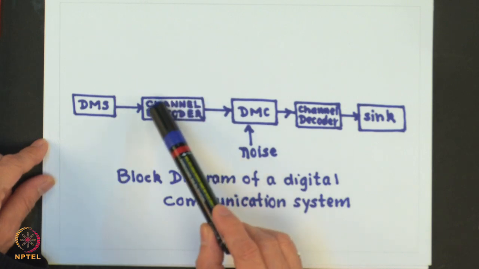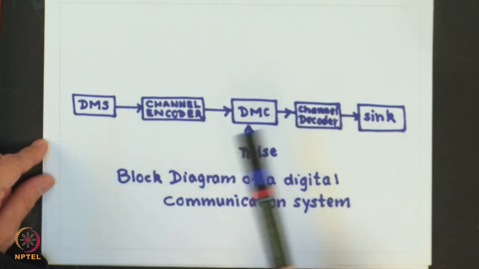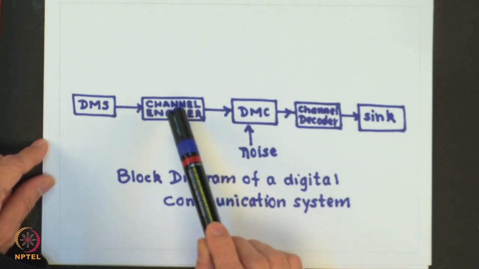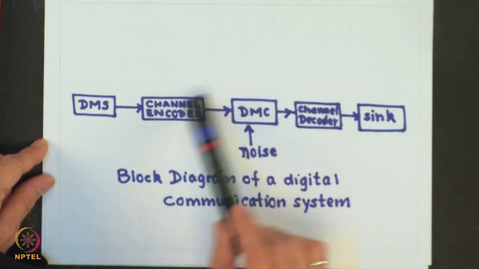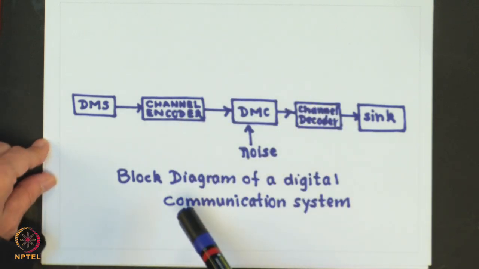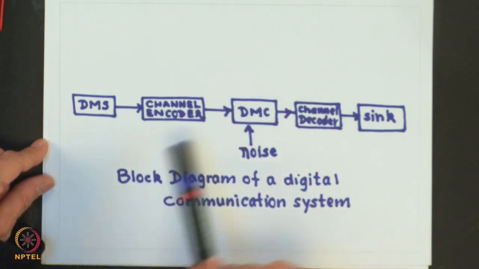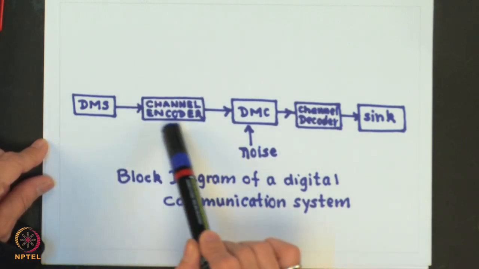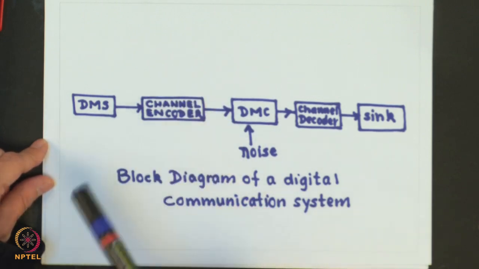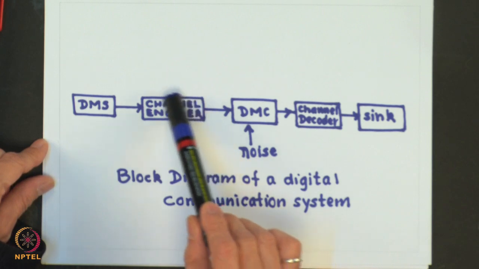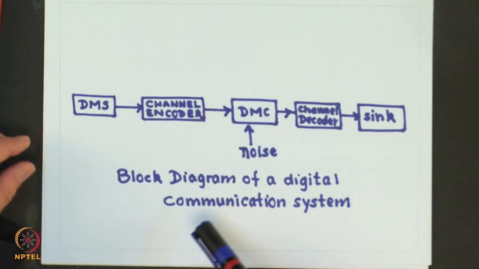Now, the channel encoder and the channel decoder are both under the designer's control and should be designed to optimize the overall reliability of the communication system. The approach taken is basically to introduce redundancy in the channel encoder in a controlled manner, so as to reconstruct the original source sequence as accurately as possible.